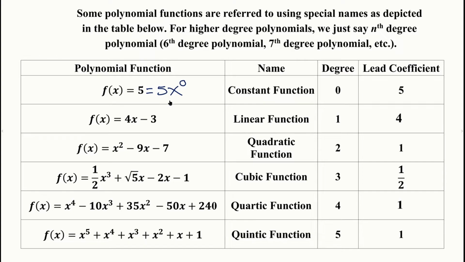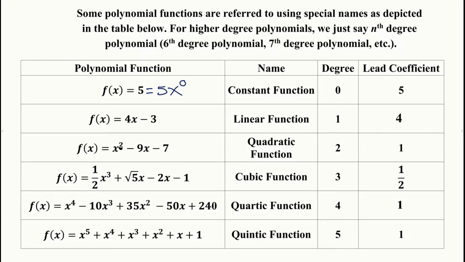In the next one, we see a linear function because the highest degree term in it has degree 1. So it's a first degree polynomial, and the lead coefficient, which is the coefficient of the highest degree term, is obviously 4. The next function is a quadratic function, the kind we're going to look at very closely today.